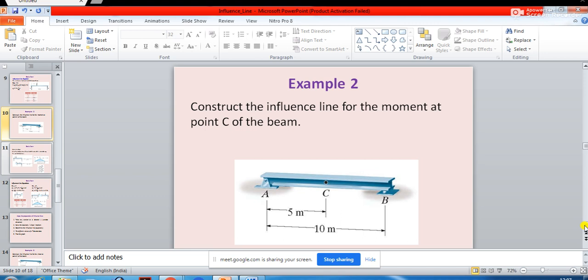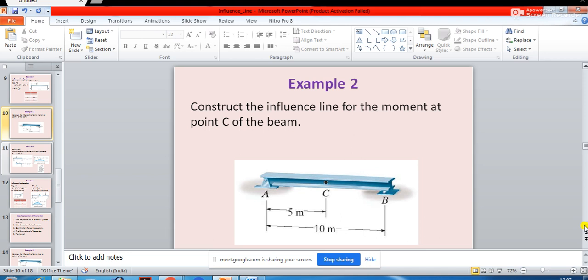Now, as you have seen, in finding the influence line diagram for reaction at A, what did we do initially? We found the reaction at A for the different positions of the load over the beam, right? And what is that load? The load is the unit load, a dimensionless quantity.